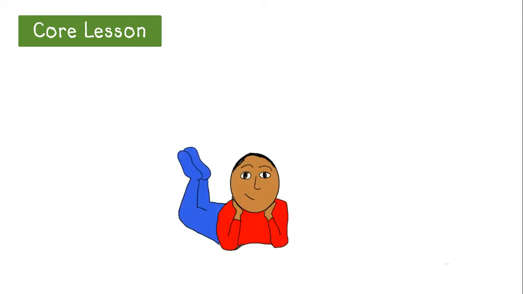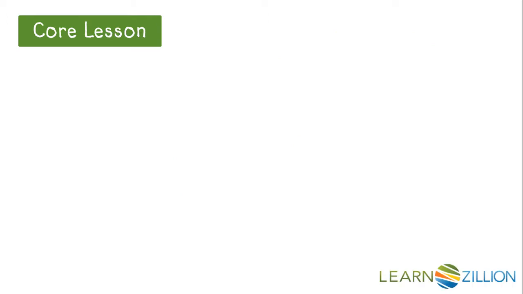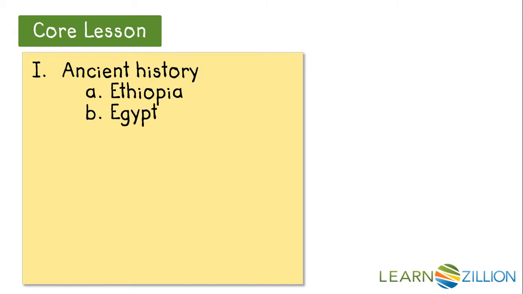Now that I have all my notes together, I need to ask myself, when do these events take place? This is especially important because our question is asking us to trace the history. So first we have ancient history, Ethiopia and Egypt.